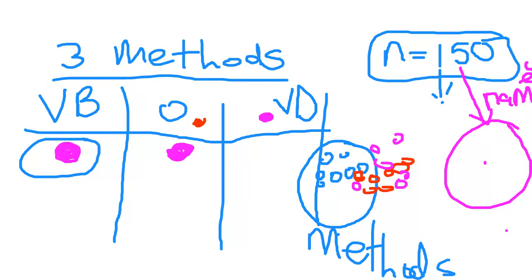Under the venue-based method, you're going to divide this 150 like jars, then shuffle.